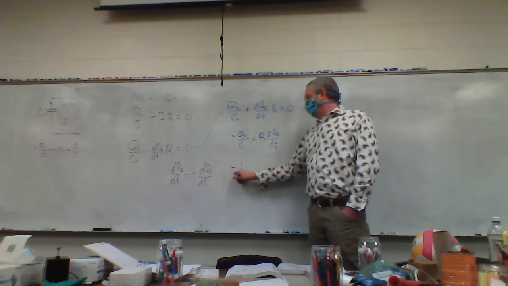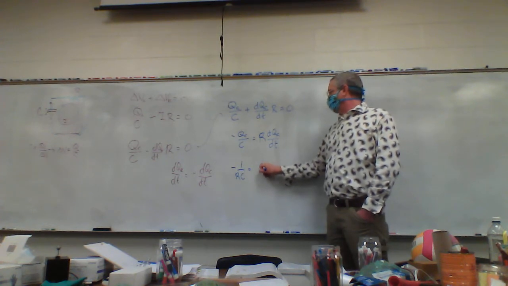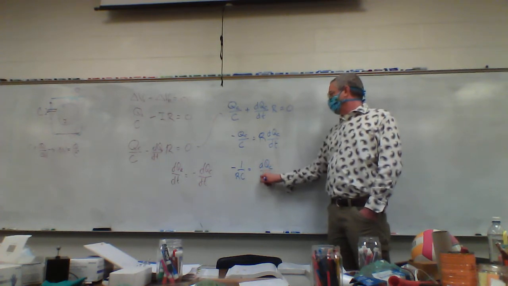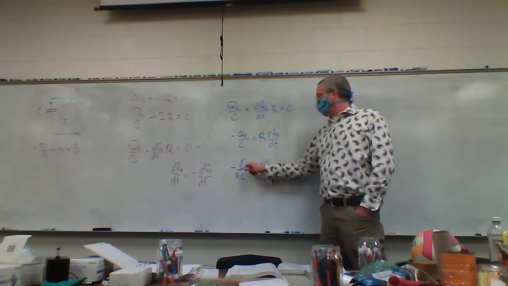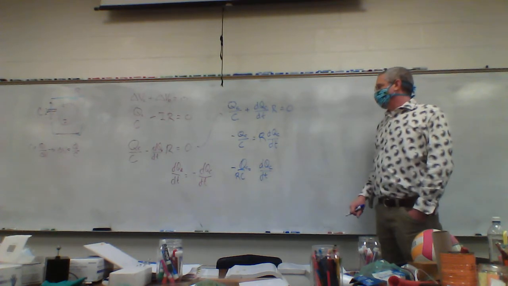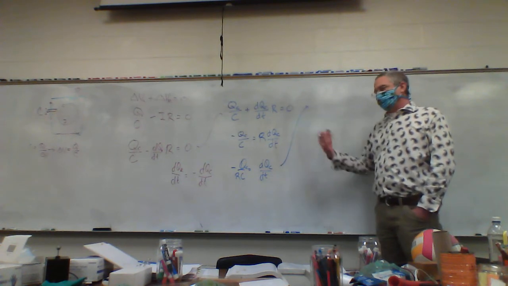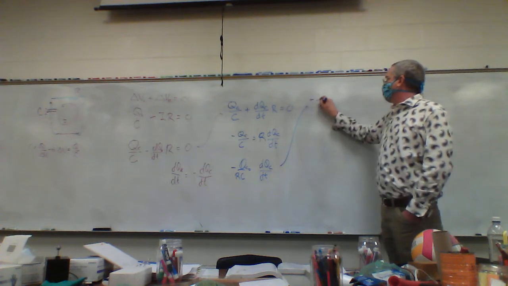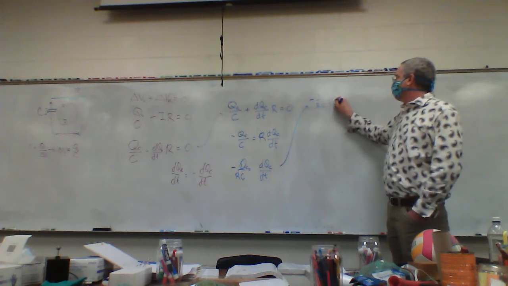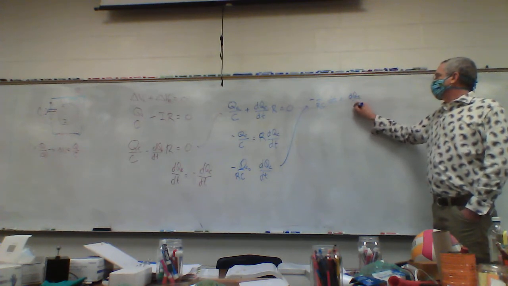Again, negative 1 over RC is equal to dQc/dt. Oops, I lost my Q. And then let's bring all the Q's on one side and the non-Q's on the other. So I get negative 1 over RC dt is equal to dQc over Qc.